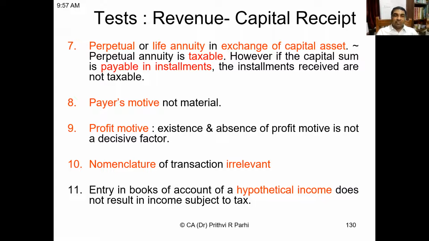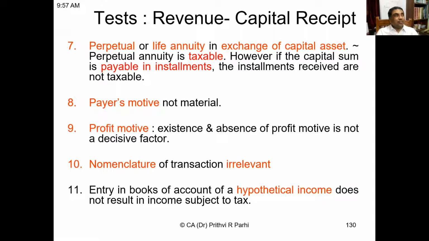Let us say that compensation is called a revenue compensation. That doesn't mean it will become a revenue receipt. The fact is that you are sacrificing your capital asset and getting some compensation, so it is technically a capital compensation.